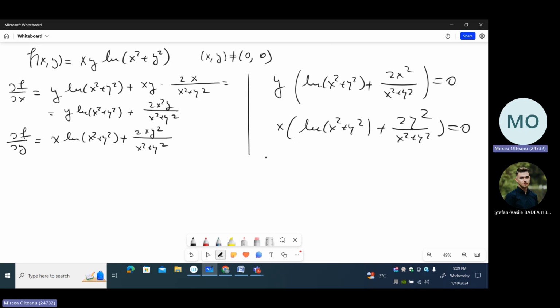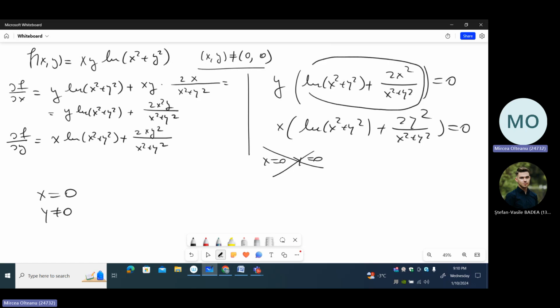Now, obviously, we have x equals 0, y equals 0, but these are not in the domain of definition, of course. And the problem is that if we have other solutions, for example, if x equals 0 and y is not 0, then necessarily this parenthesis must be 0.